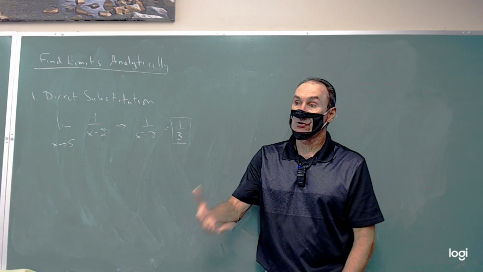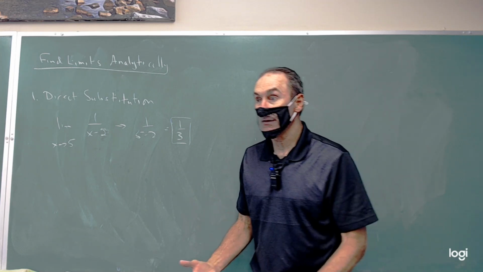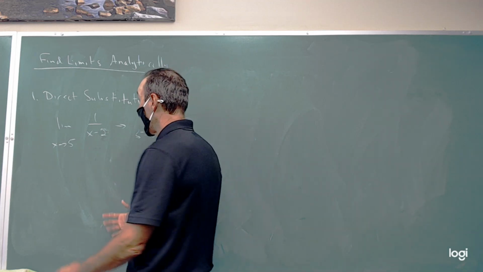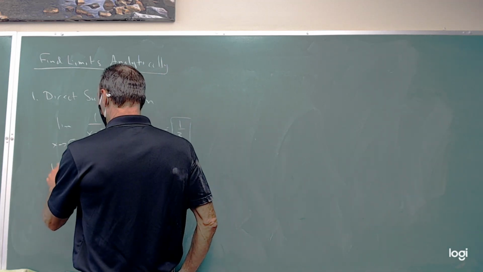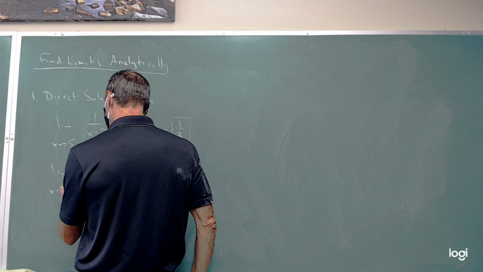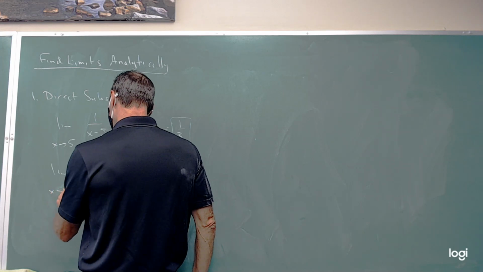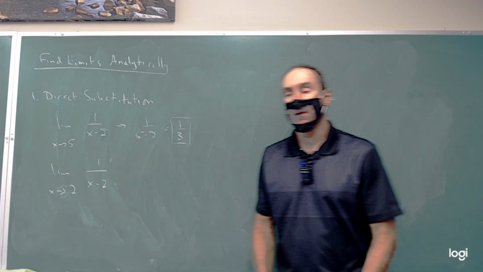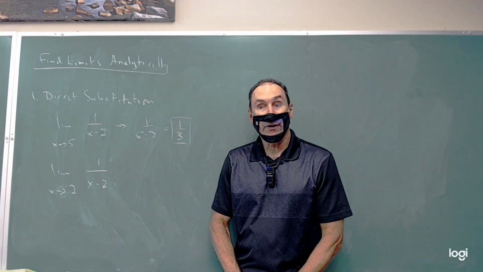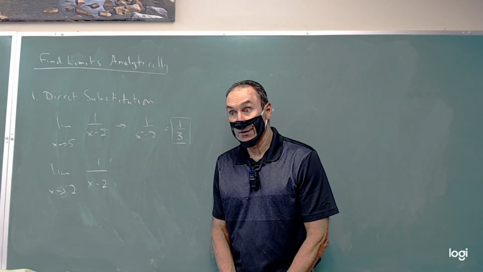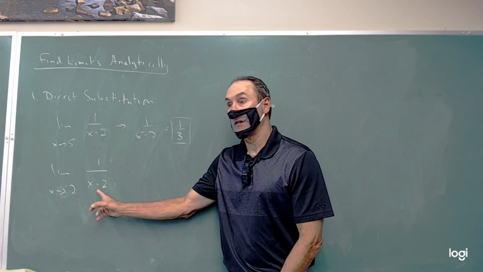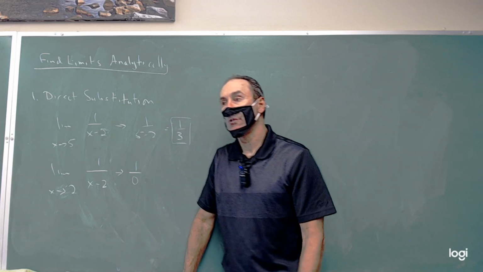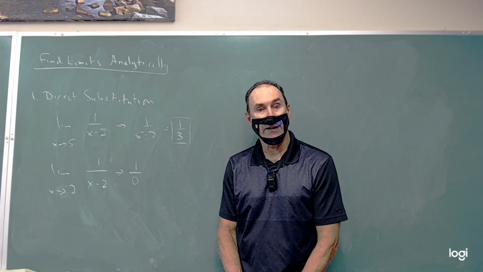So then the issue comes, well, what if it doesn't behave nicely? And now we got to think a little bit, and we're going to have some different options. So one might be the limit as x approaches 2 of, say, 1 over x minus 2. Now here's where things get kind of weird. Now if we plug 2 in there directly, we get 1 divided by 0, but 1 divided by 0 is not defined.